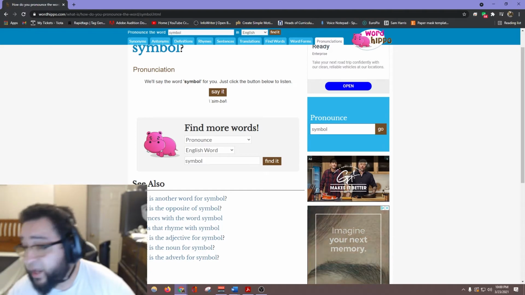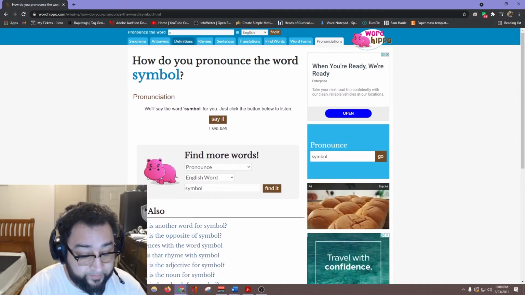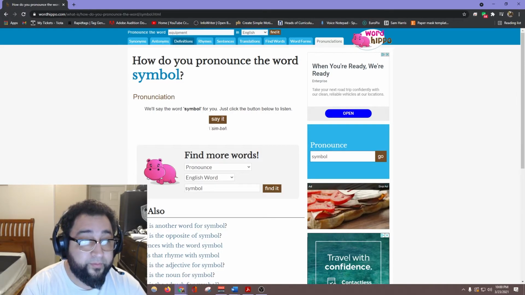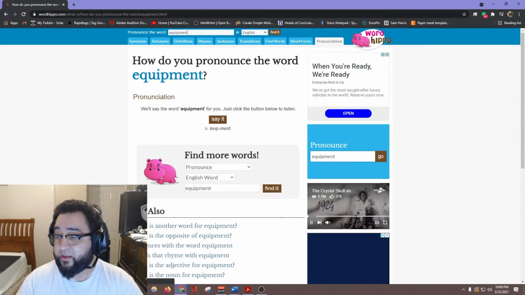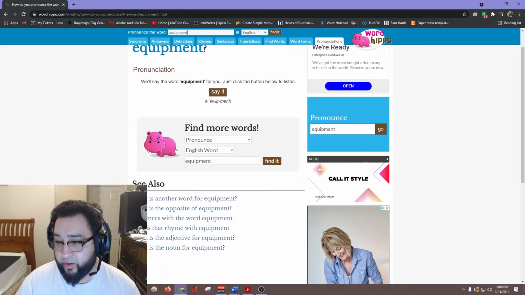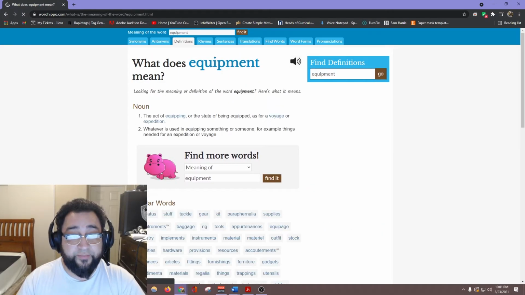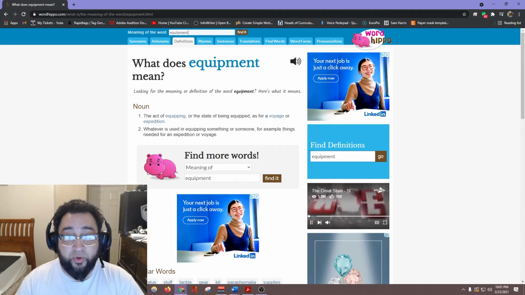If we want to go for the next word, we're going to look for the word equipment. This will be another word that we're going to be using in our worksheets and in our graphic organizers. Just like the other word, we're going to go to definitions. What does equipment mean?